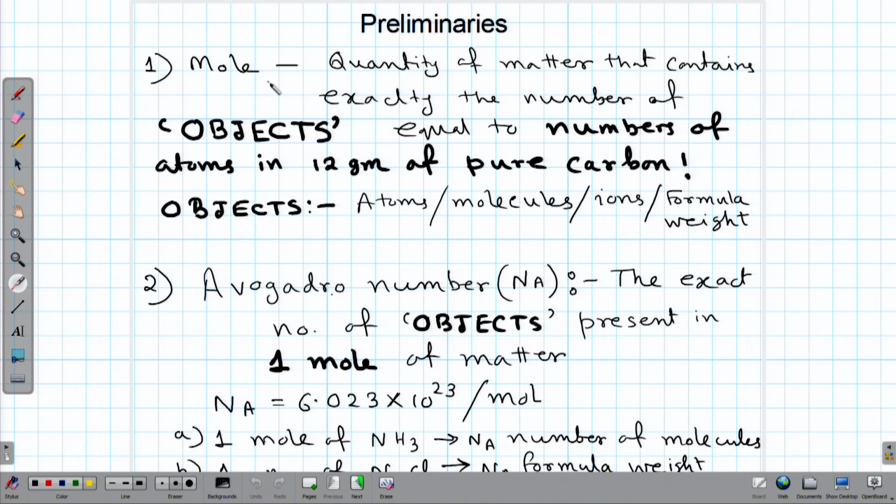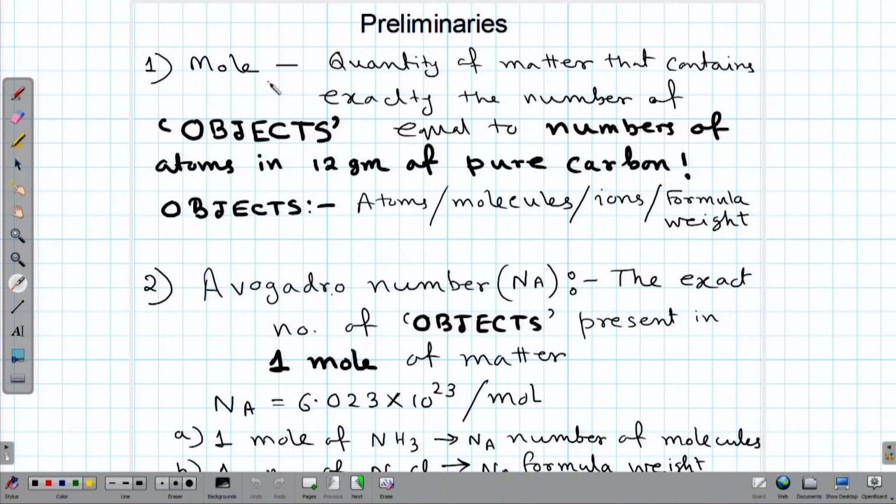Now, what is a mole? Now, in chemistry and physics, when we are talking about a mole, this is actually the quantity of matter that contains exactly the number of objects equal to the number of atoms in 12 grams of pure carbon. That is the definition of a mole.